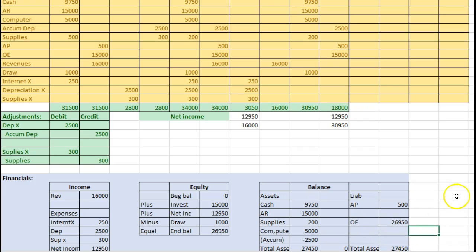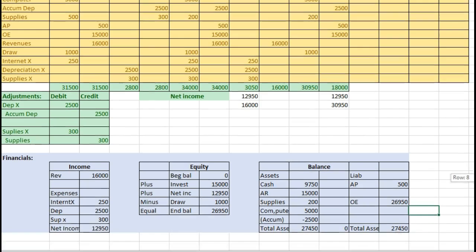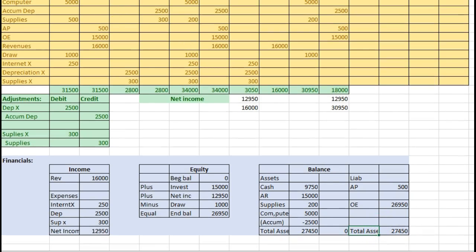Now, does it balance? I have total assets and total liabilities and equity. So now you have a balance sheet and it's balanced.